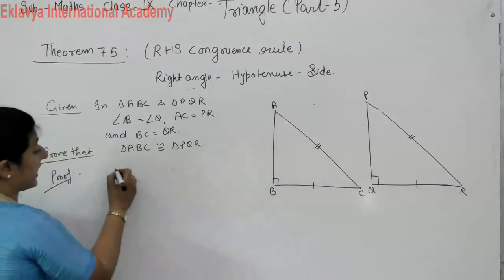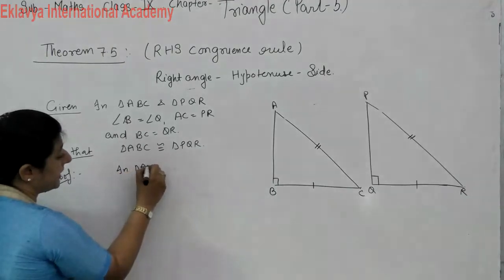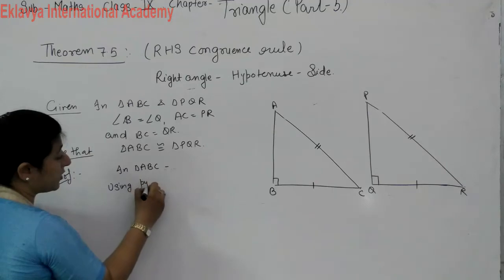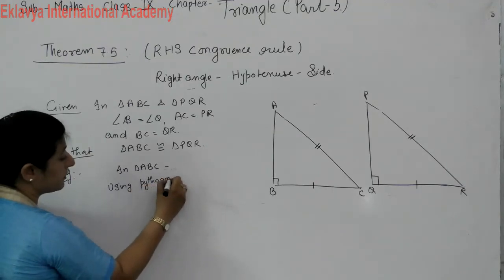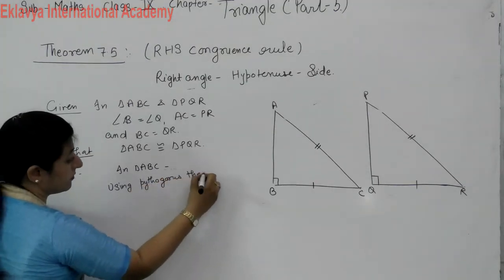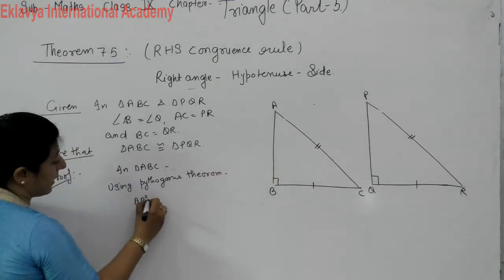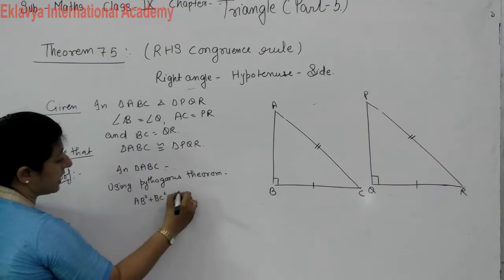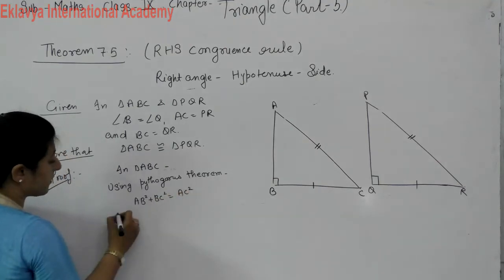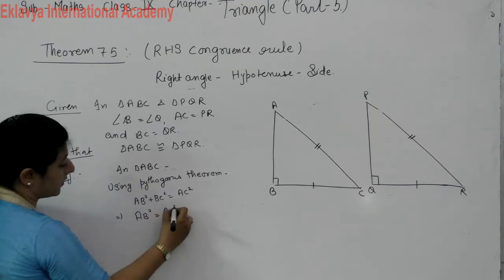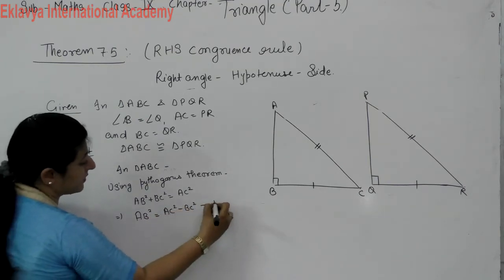So we write down in triangle ABC, using Pythagoras theorem, AB square plus BC square is equal to AC square. Then AB square is equal to AC square minus BC square.